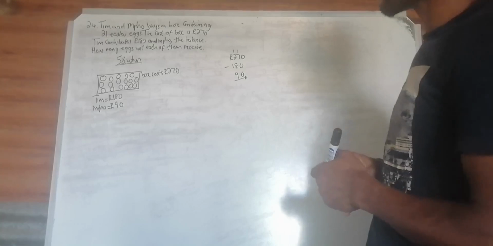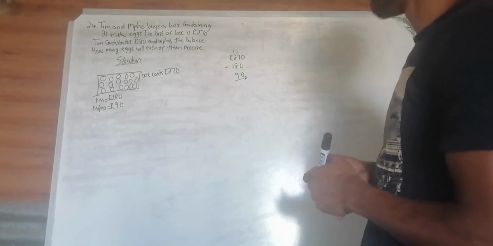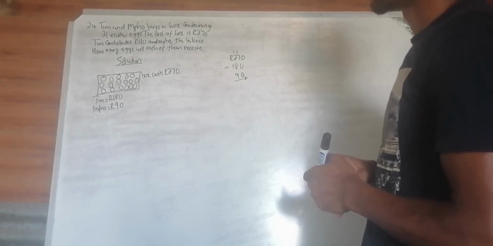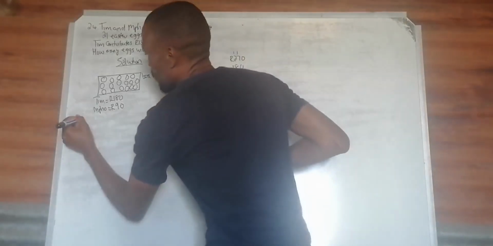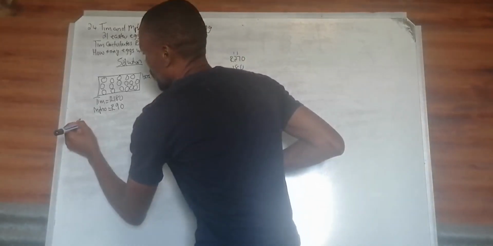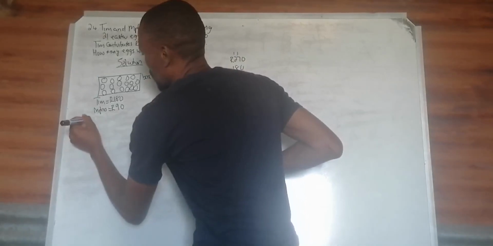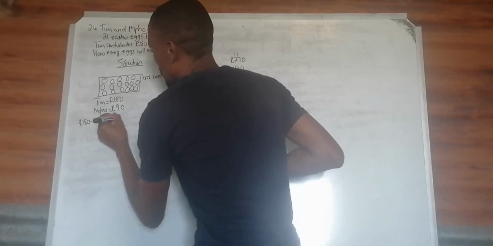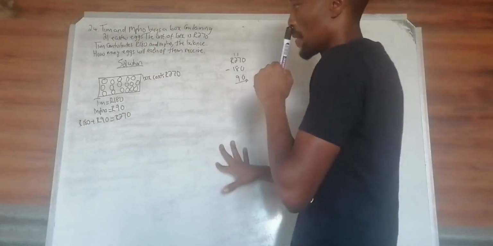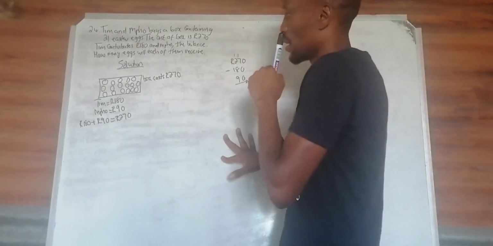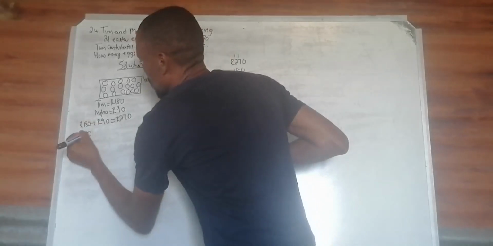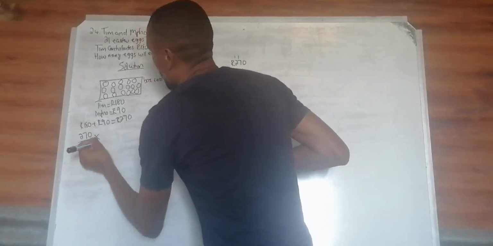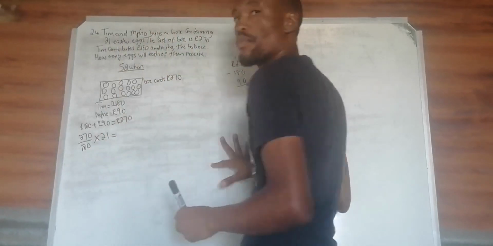It's all about ratio in this question. 180 plus 90 is 270. Then 270 divided by 180 multiplied by 21.